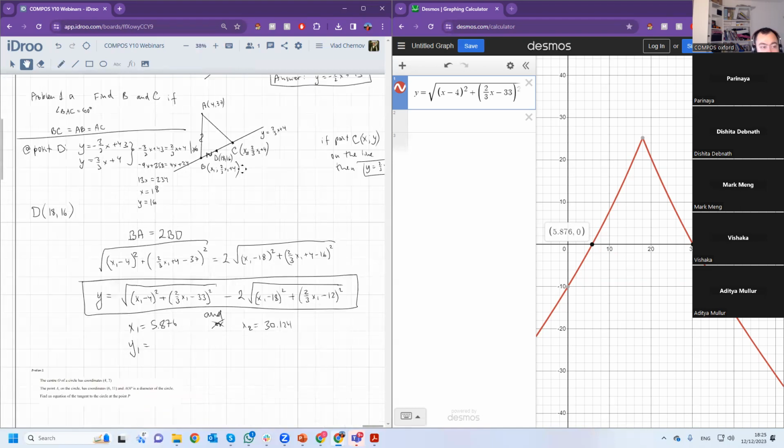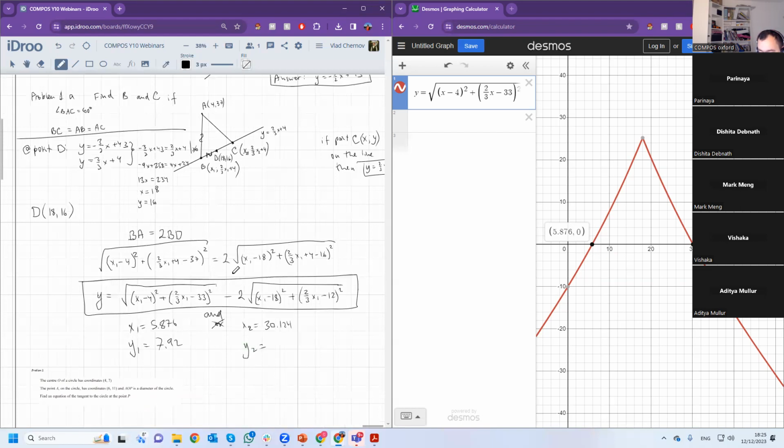y1 is going to be 5.876 times 2/3, so 2/3 times 5.876 and plus 4, 7.92. Okay, and y2 would be very similar.